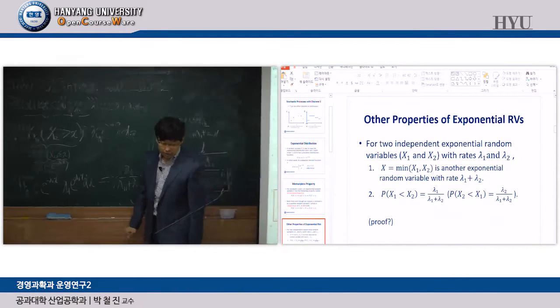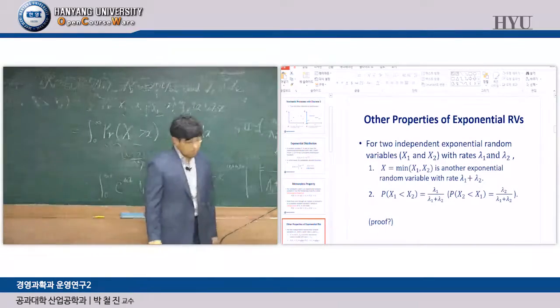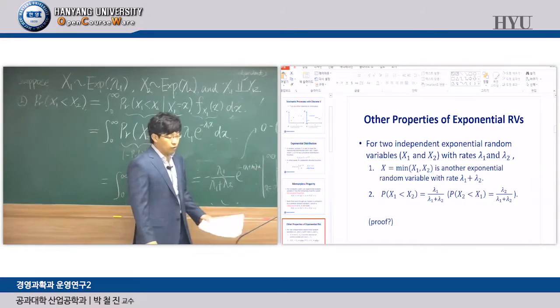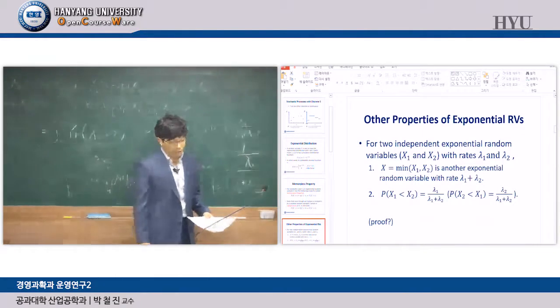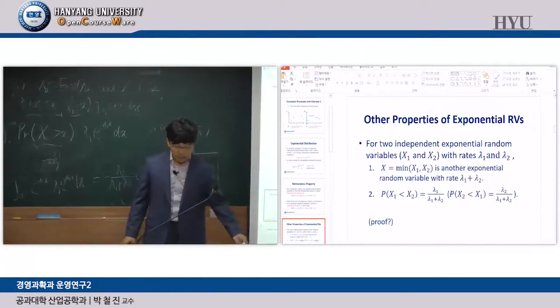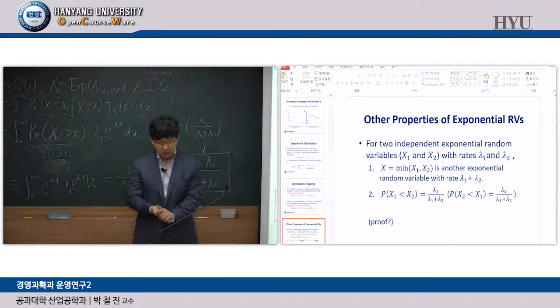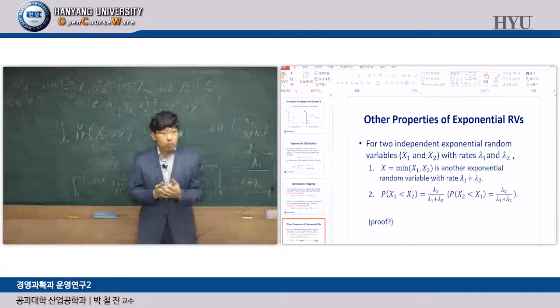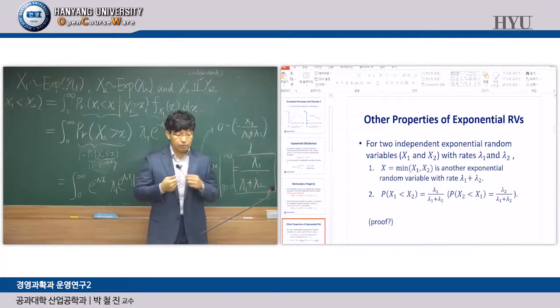Okay. So you need to memorize the result for two key properties. First one, if we consider the minimum of large X1 and X2, this is another exponential random variable with rate lambda 1 plus lambda 2.